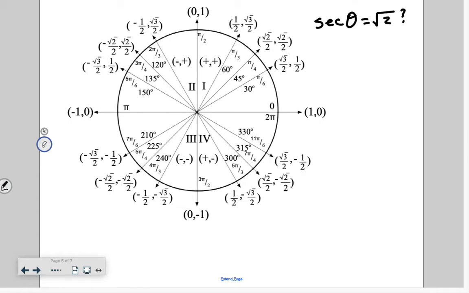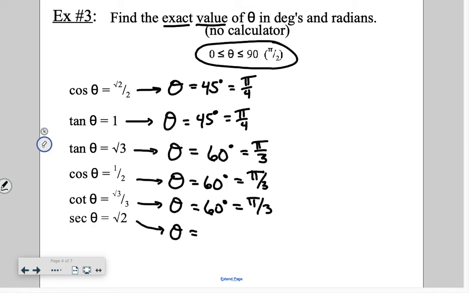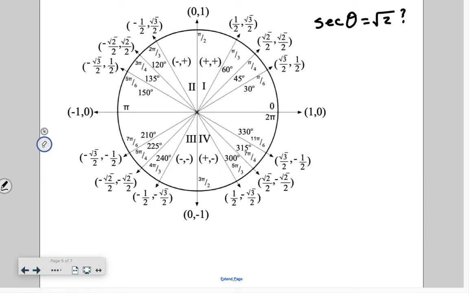45. It is 45. Here's a quick heads up, by the way, if you're thinking about where to start: use what you started with. In the last cotangent one, we had square root of 3 over whatever. Take a look at the ones that have the square root of 3's in them.